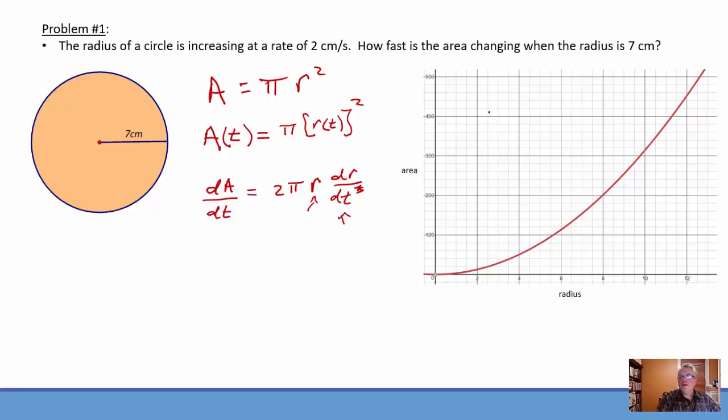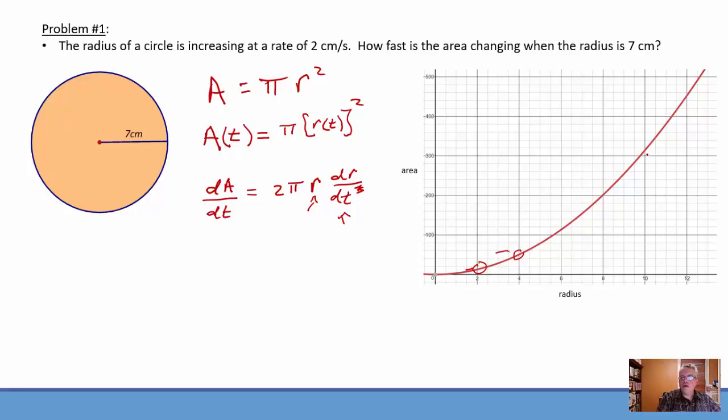Okay, so here we have a graph of area equals pi r squared. Just to show you that the actual radius of the circle makes a difference, if the radius was 2, the y-coordinate of this point would be the area. And if it increased by 2 centimeters, the y-coordinate would only go up this much. So it'd go up from here to there.